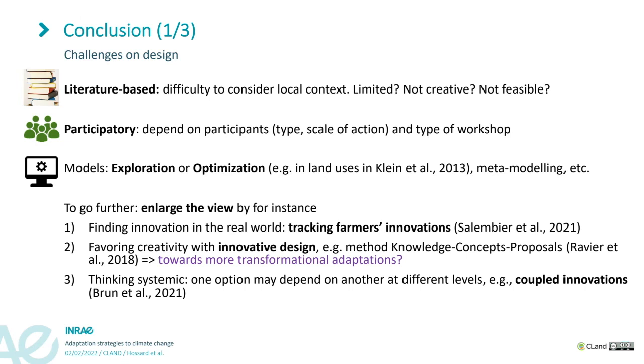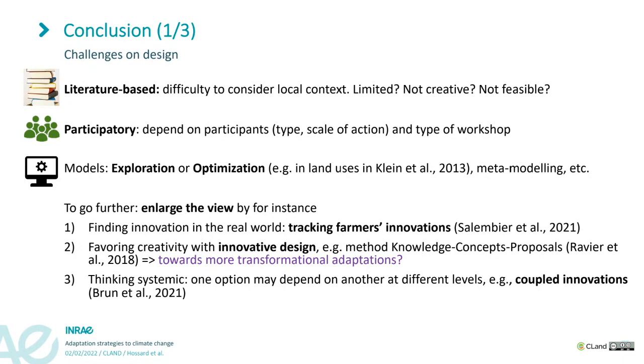Then to go further, what we try to do in my unit is to enlarge the view, not to focus on only one method, but to use different ones. To be more creative, to think a bit differently on adaptation, I propose here 3 ways. The first is finding innovation in the real world, going to see the farmers and tracking their innovation, see what they do, how they do, and if it could be feasible and efficient in another part of France or other world.